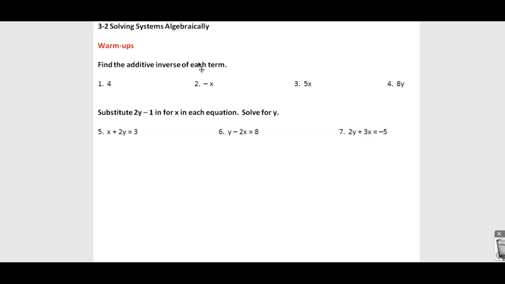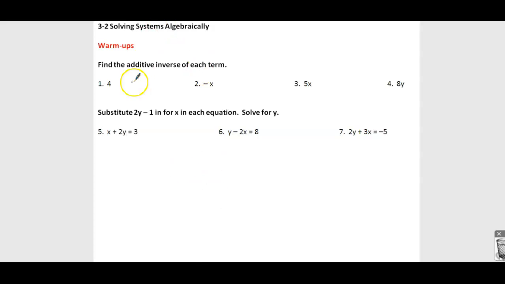by substituting. And a part of substituting is being able to know what opposites are, what additive inverses are. So what we want to talk about are additive inverses, which are also a fancy way of saying the opposite, and then we want to talk about substituting.